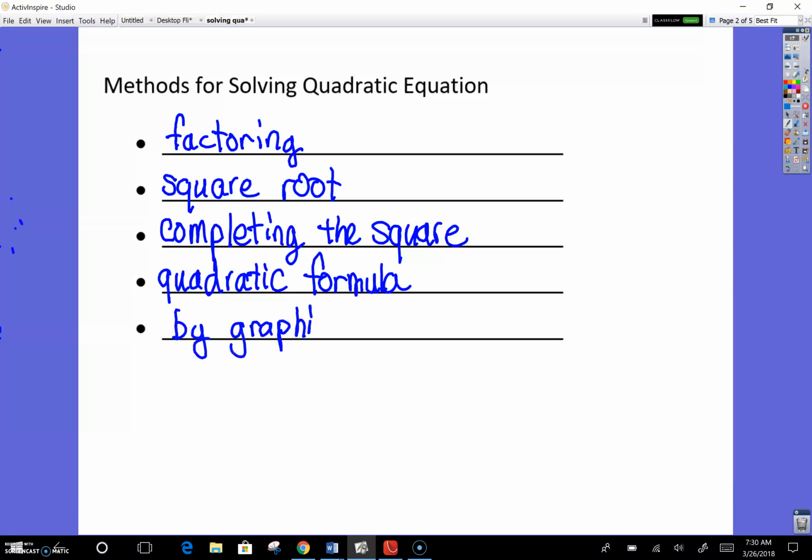I'll show you by graphing throughout the whole process, but these are the 5 different ways. We're going to start out with square root first.